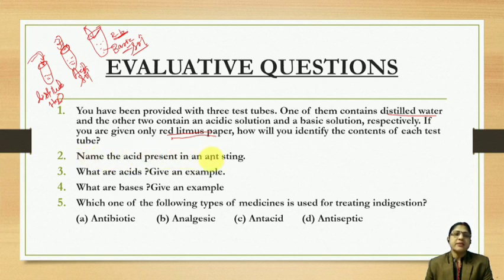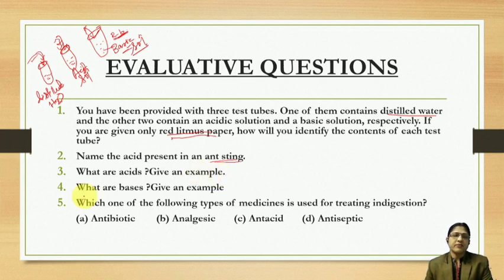Name the acid present in an ant sting. We have already discussed formic acid, and its IUPAC name is methanoic acid. Right? Then what are acids? From Arrhenius's concept, we already know that acids are the substances which give H plus ions in water. Right? And give an example: hydrochloric acid, sulfuric acid.